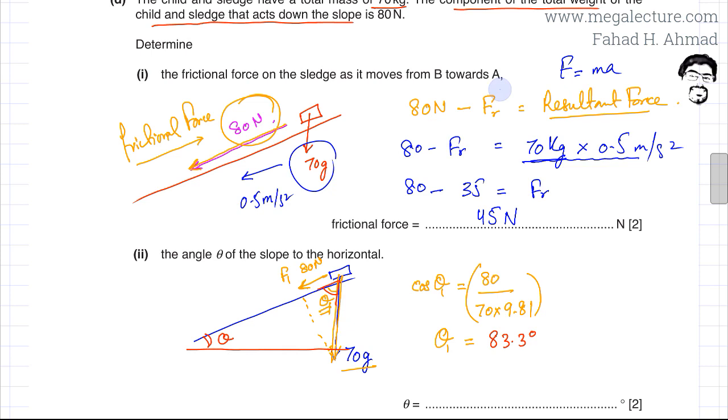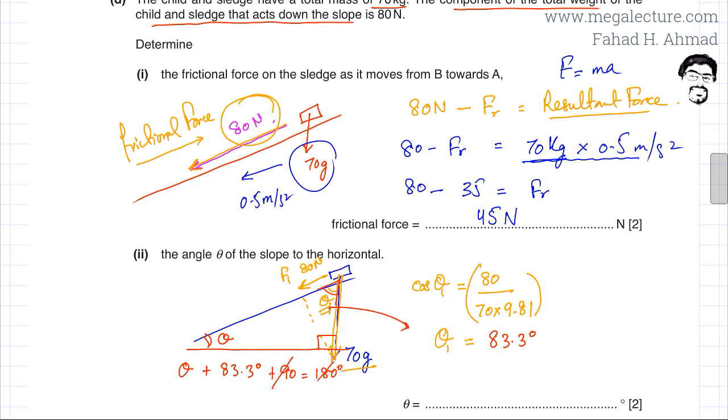Remember, in a triangle, all angles must add up to 180 degrees. This already is a right angle. So I'm going to add theta plus theta 1, which is 83.3 degrees, plus 90 degrees, and they should all add up to be equal to 180 degrees.